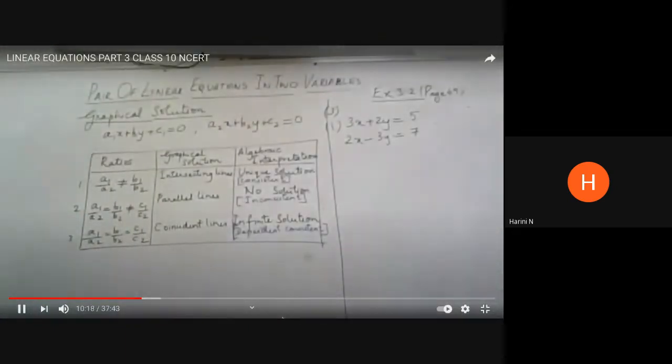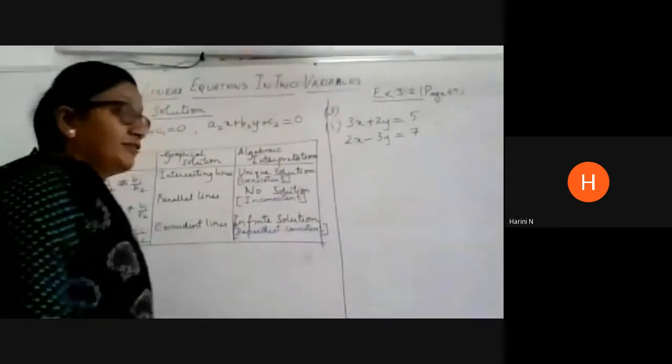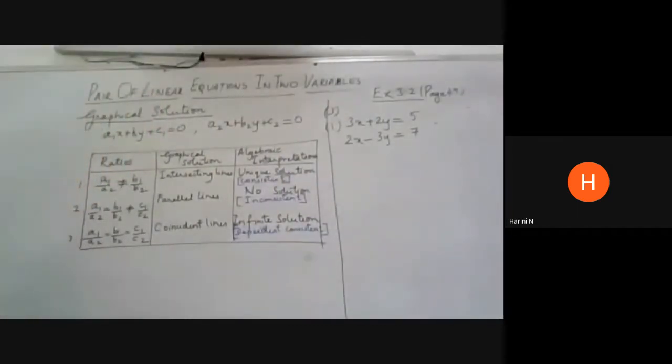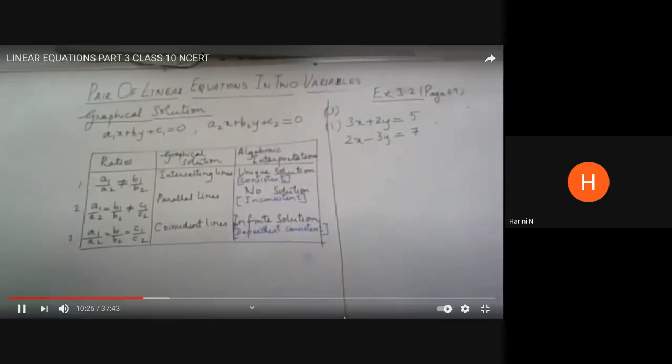So you must see this in the general form. See if it is already given in the general form, and hence find out what is A1 by A2, B1 by B2 and C1 by C2. Do it, let me see. Write it in the general form. What is the general form? A1x plus B1y plus C1 equals 0.